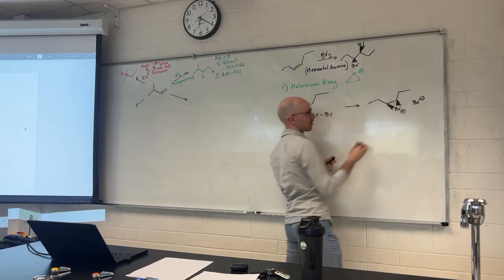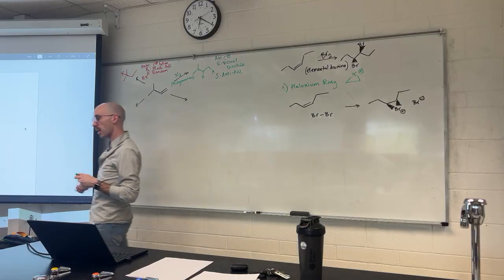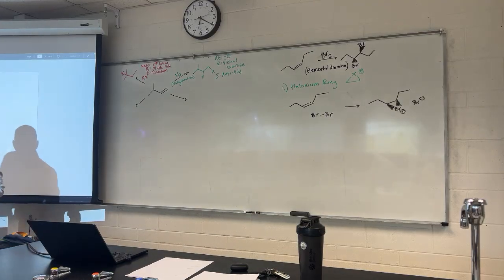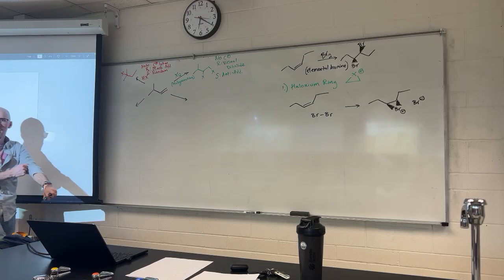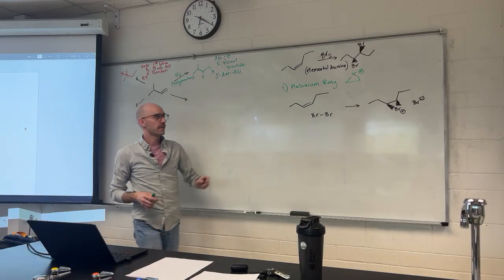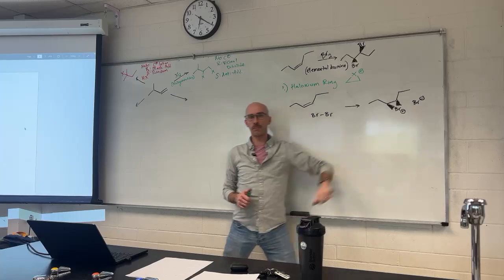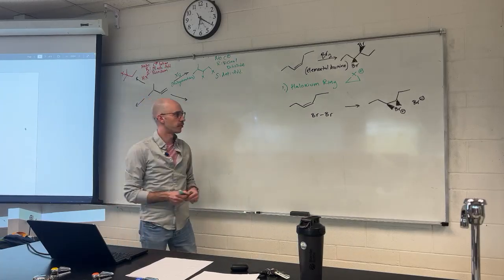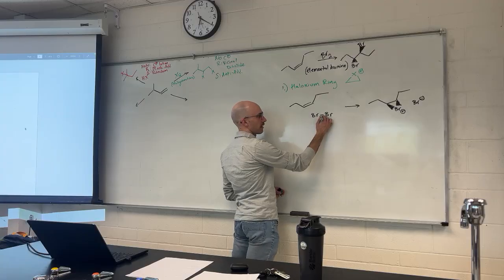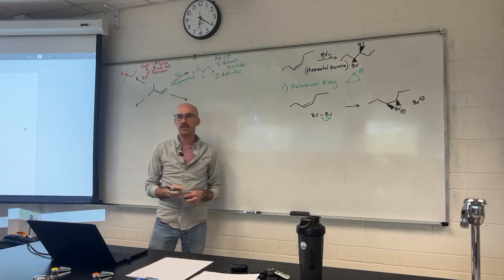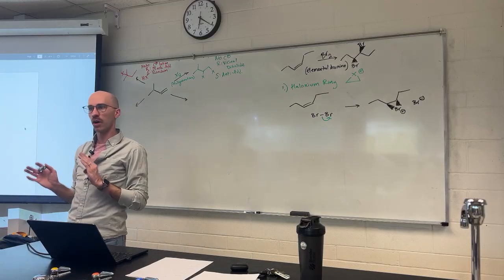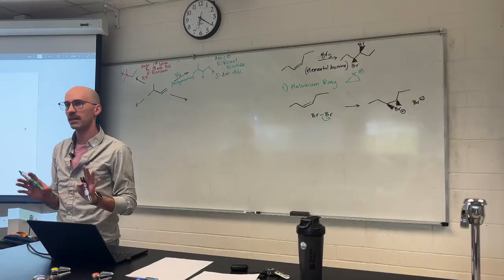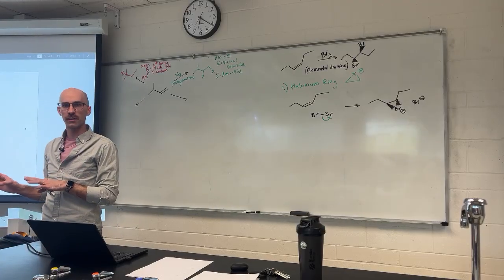And I'll need to balance charge. If I create a positively charged ring, I'll need to have a negatively charged structure somewhere. That means bromide will have to form. How do I form bromide? The bromine-bromine bond has to break. Heterolytic cleavage. One of the bromines keeps the electrons. The other is going to be involved in the halonium ring.